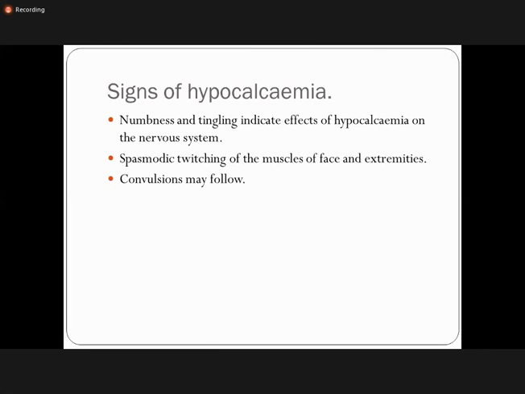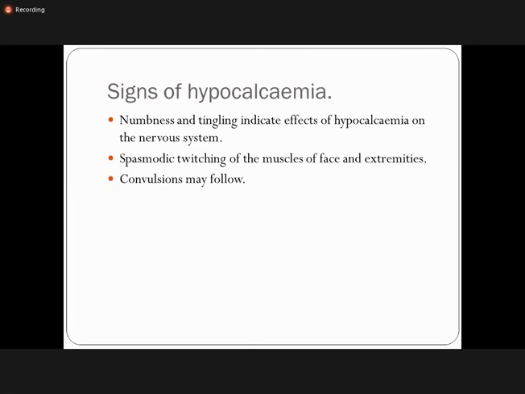And when there's low serum calcium, the excitability of tissues increases to a significant extent, all right? This is why we feel numbness or tingling within the body, the mouth, the hands, feet. You're going to feel this numbing and tingling sensation. This is a sign of increased excitability, all right?